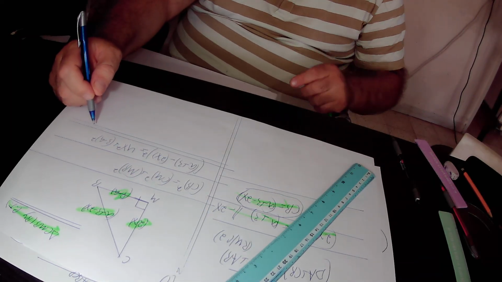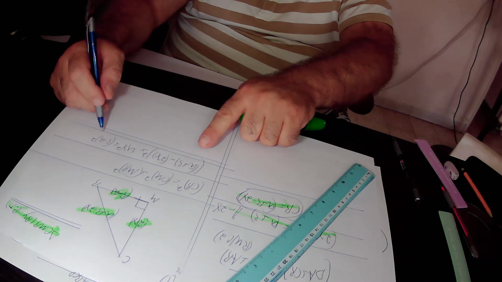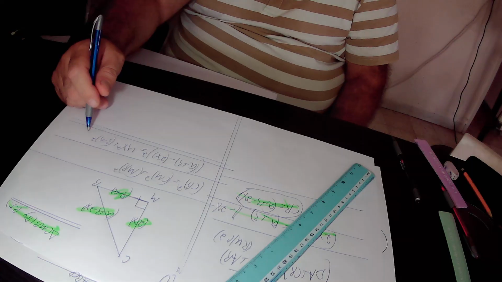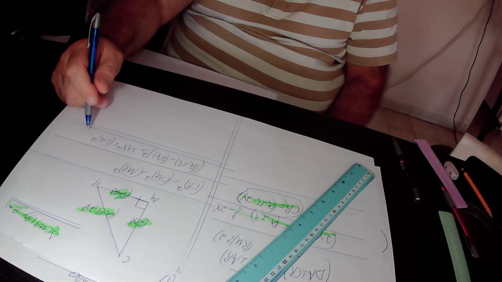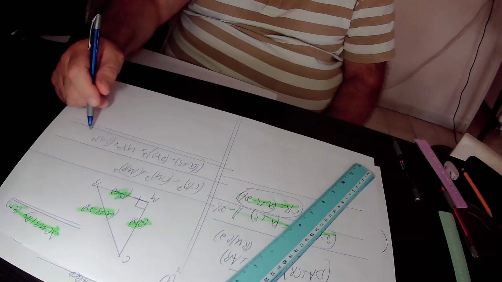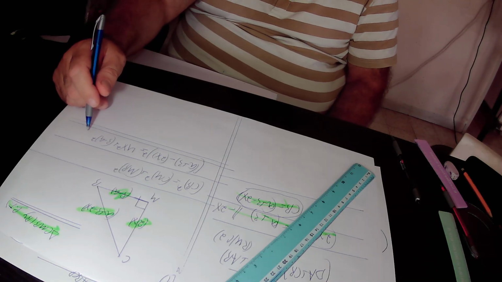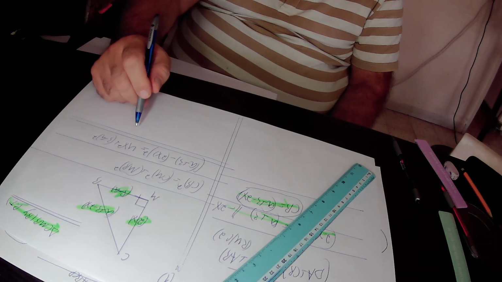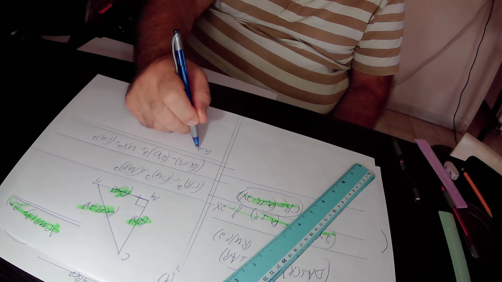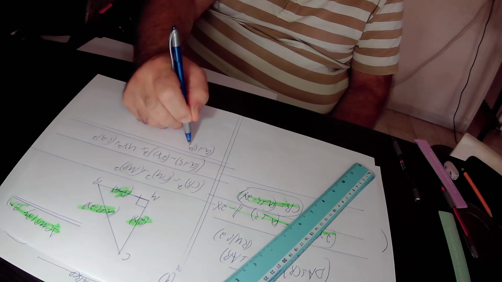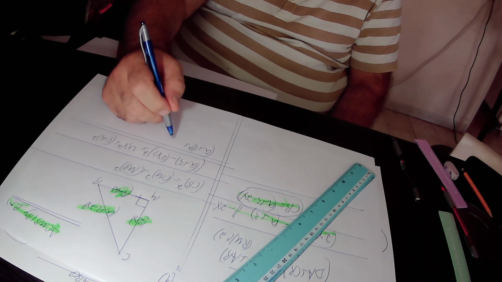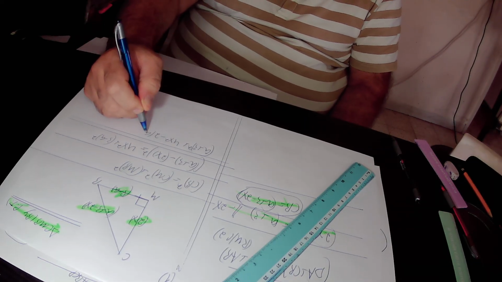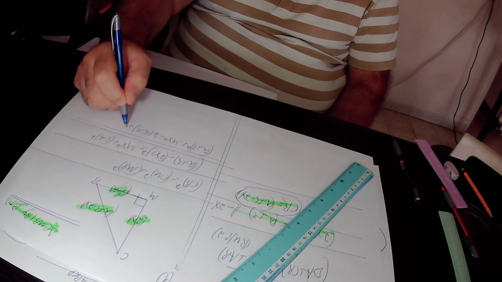We'll open the brackets on both sides of this equation according to the algebraic identity that states that (A minus B) squared equals A squared plus B squared minus 2 times A times B. So (a plus 3 minus 2x) squared will be equal to (a plus 3) squared plus (2x) squared, which is 4x squared, minus 2 times (a plus 3) times 2x.